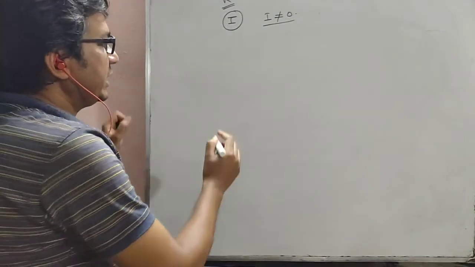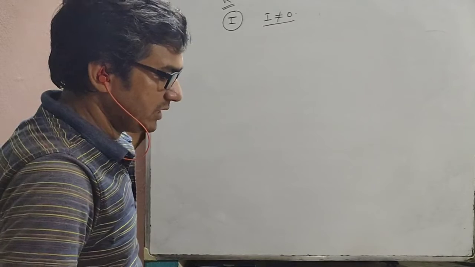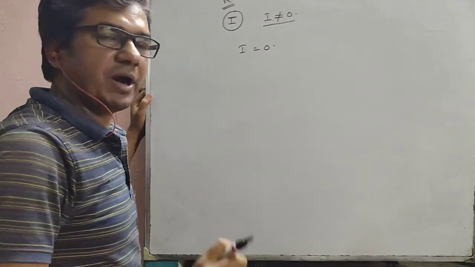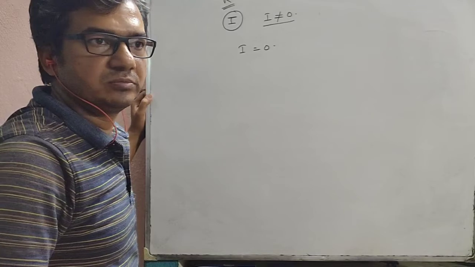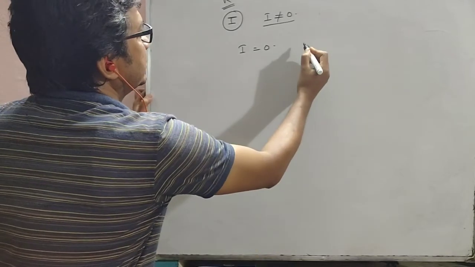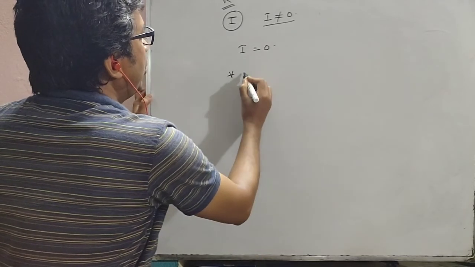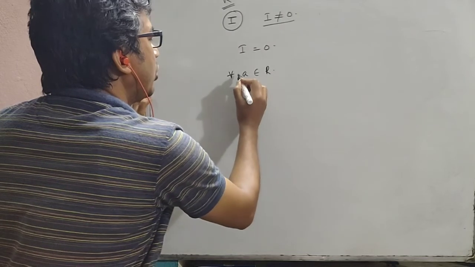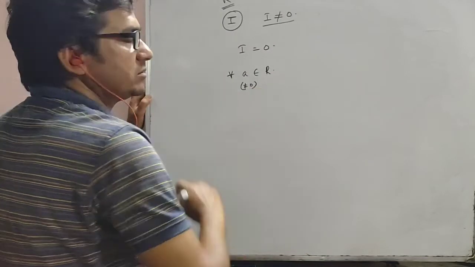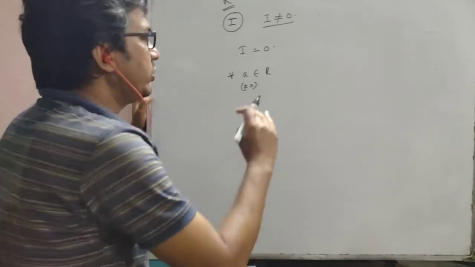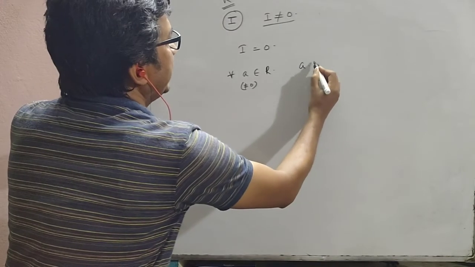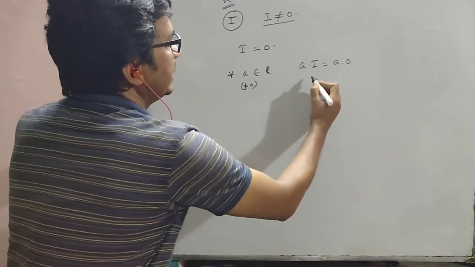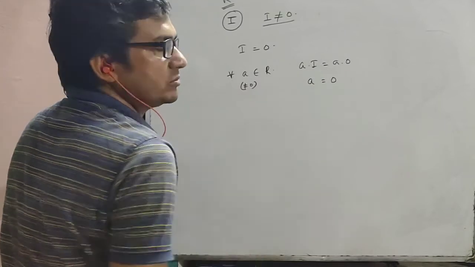because if I equal to 0, then for all non-zero A belongs to R, we have A into I equal to A into 0, that is A equal to 0.